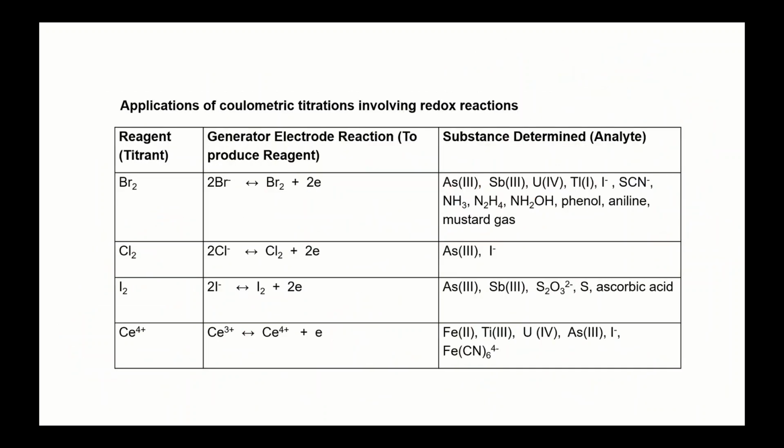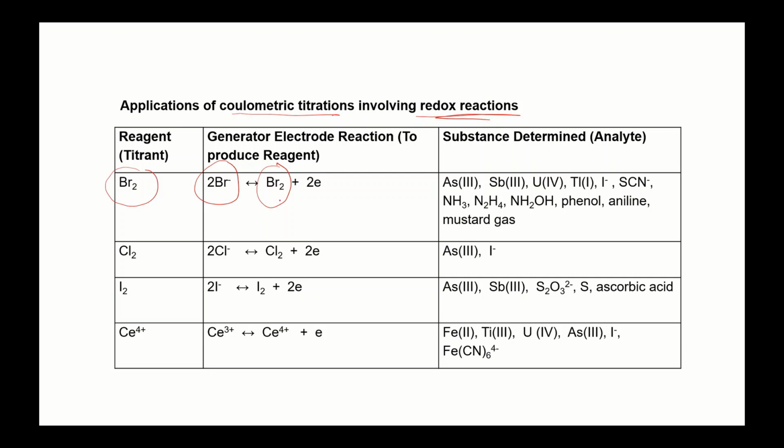Next, reactions involving redox. Just now I talked about neutralization, precipitation, as well as complex formation reactions. Now it is about redox reaction, coulometric titration involving redox. In this case, you should produce a reagent, for example bromine. How can you produce this reagent from this precursor, bromide?